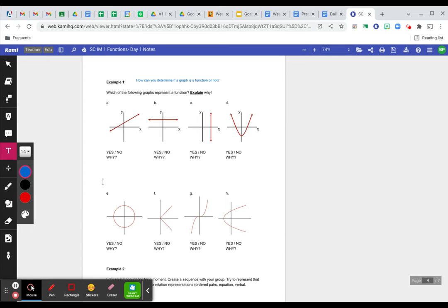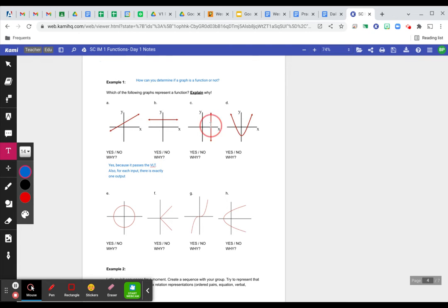So for each of these that are functions that you say yes to, for example, on part A, because it passes the vertical line test, you'd also want to say for each input, there is exactly one output.